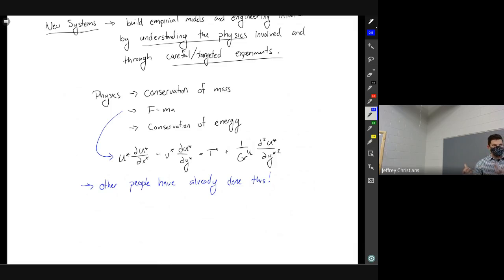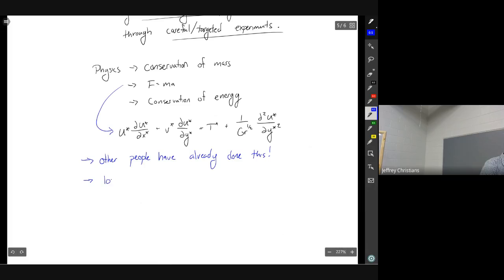So your job is to look at the results that other people have derived or come across for similar systems. And you're trying to figure out from the physics what the important parameters are. How does geometry affect it? What are the key dimensionless groups, or the non-dimensional groups, that we should be looking at?